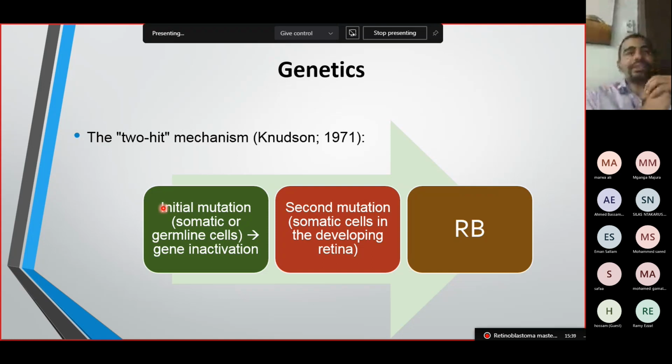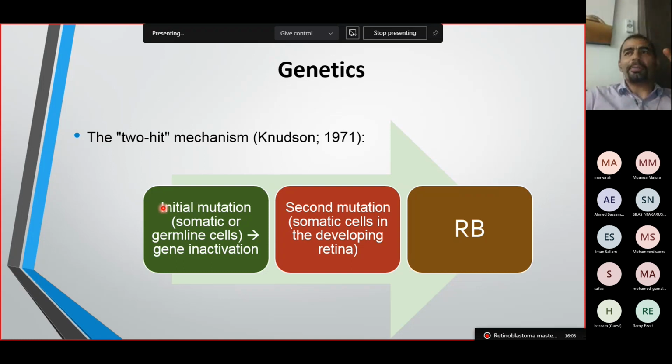So we realized that rather than having an oncogene, or a gene that promotes tumor formation, we have another thing, which is the suppression of a tumor suppressor gene, or a mutation in the tumor suppressor gene. So we have a gene that suppresses the malignant transformation.